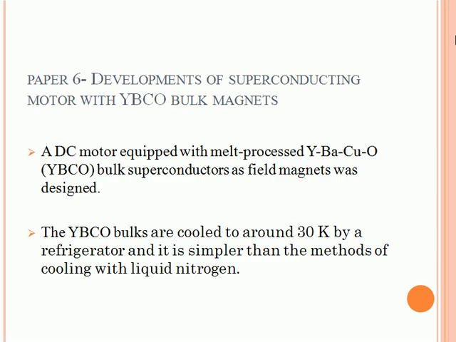Previous papers made everything with liquid nitrogen temperature. These guys are saying 30 K. They are cooling those bulk magnets at 30 K. 30 K is a very low temperature, that's minus 240 degrees centigrade. They're cooling those magnets in the refrigerator.